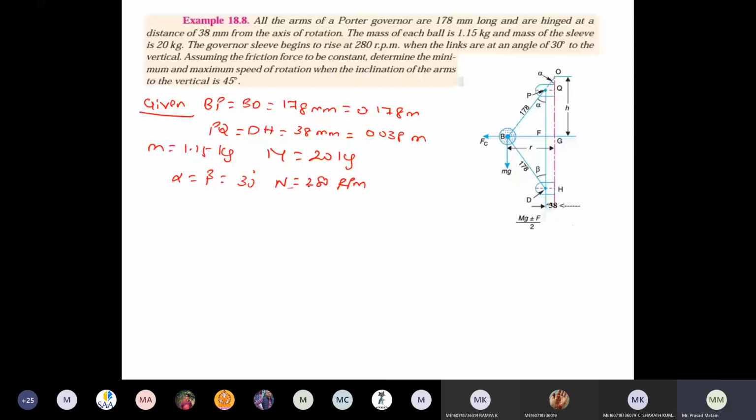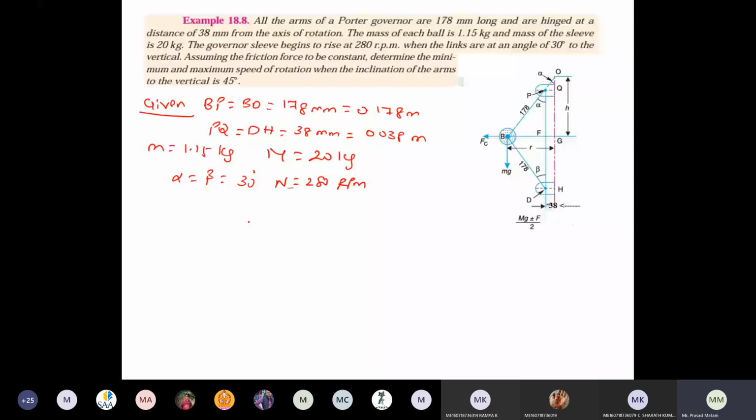First of all, let us find the friction force. The equilibrium position of the governor is when the links are at 30 degrees to the vertical, as shown in the figure. From the figure, let us try to find out the radius of rotation. Consider angle alpha equal to angle beta, equal to 30 degrees.